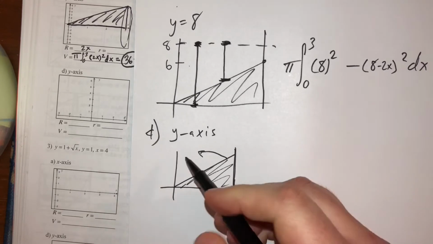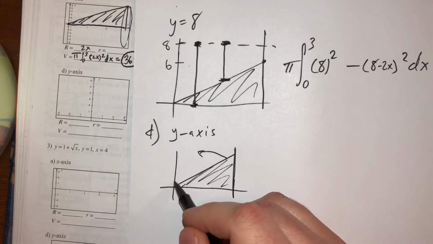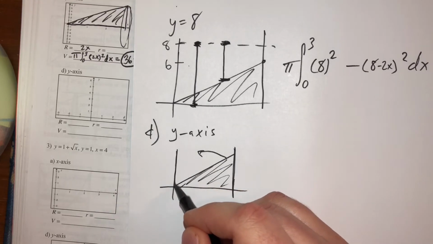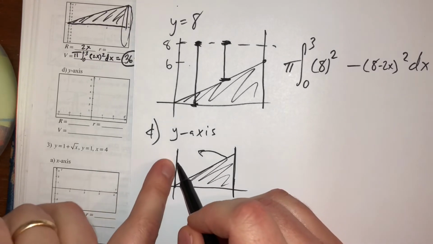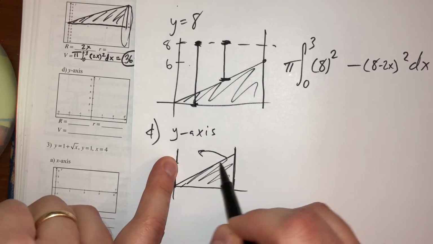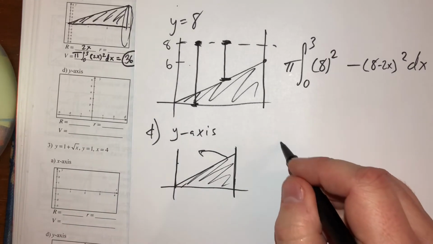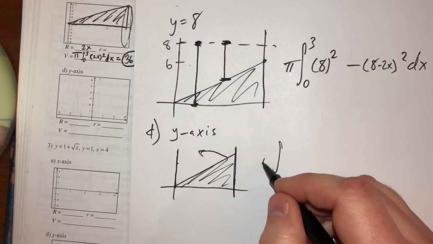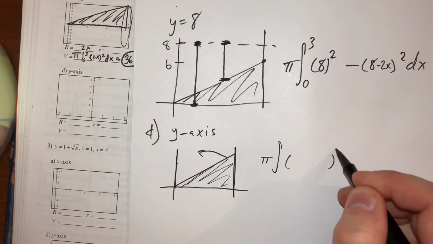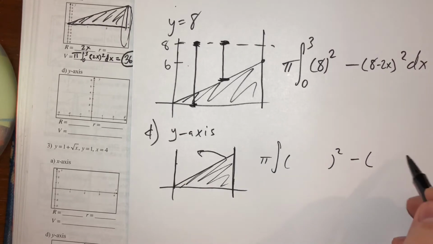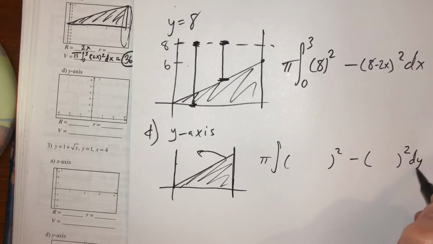So, oh, there's space, right? It's not connected the entire way to our axis. So if there's ever space between your axis and this shaded region, that tells me washer. Oh, I don't know the bounds anymore because I got to do y stuff. So we're going to have one minus the other, dy.